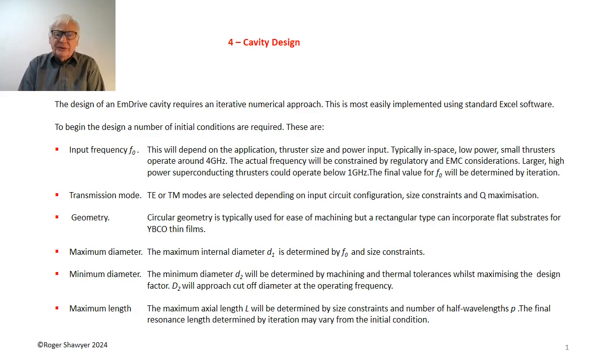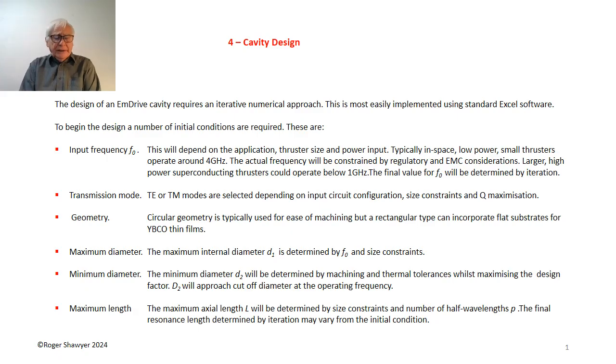We need to take into account any size constraints, but we will always try to maximize the Q. All the design processes that we follow aim to maximize the Q because that maximizes the specific thrust that we're aiming for.